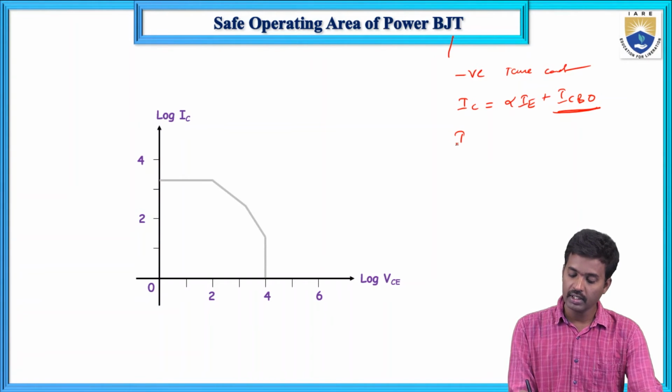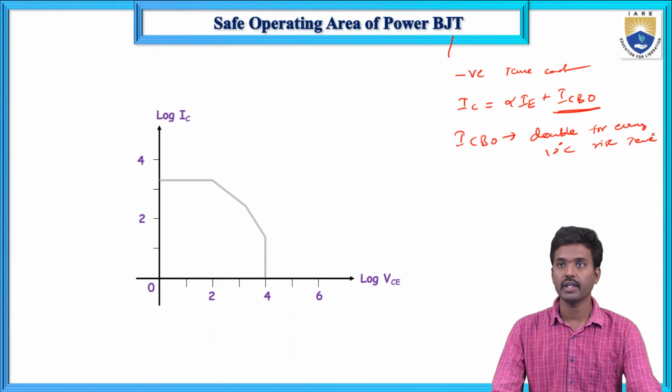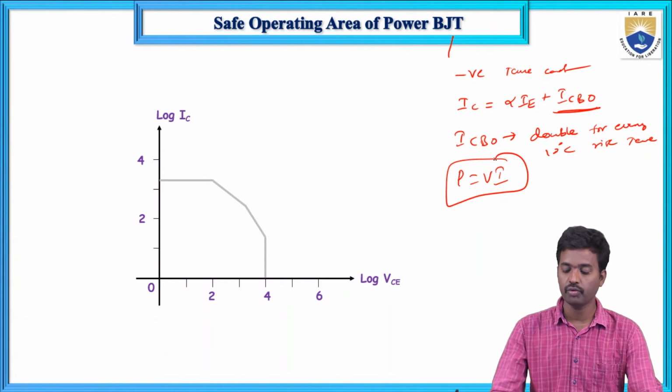This ICBO doubles for every 10 degrees centigrade rise in temperature. And power P equals V into I.